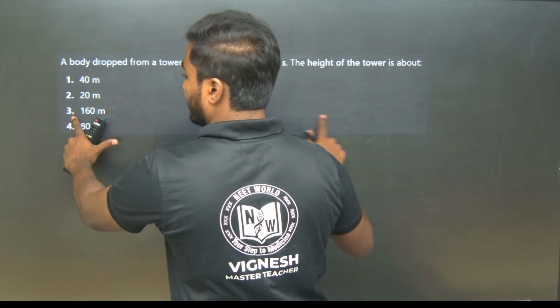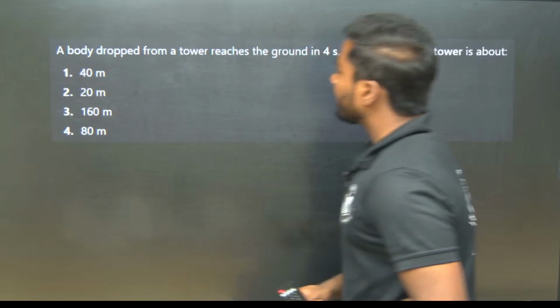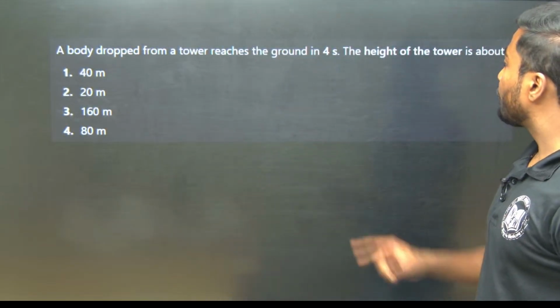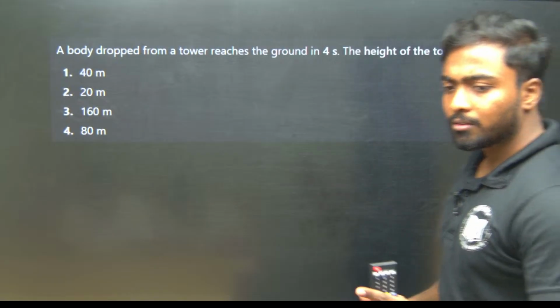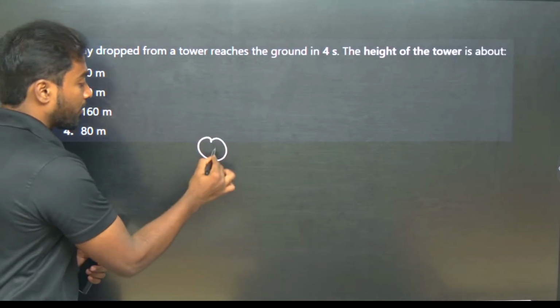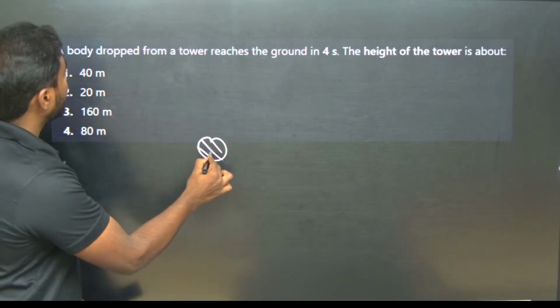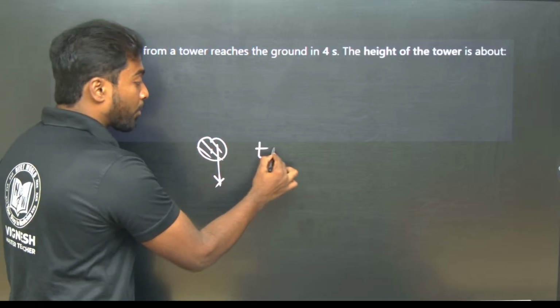A body is dropped, wait a minute, let me zoom it. A body is dropped from a tower and reaches the ground in 4 seconds. The height of the tower is about. So now only we solved that. There is a body, okay, it has been dropped. So what is the time equation in terms of h?